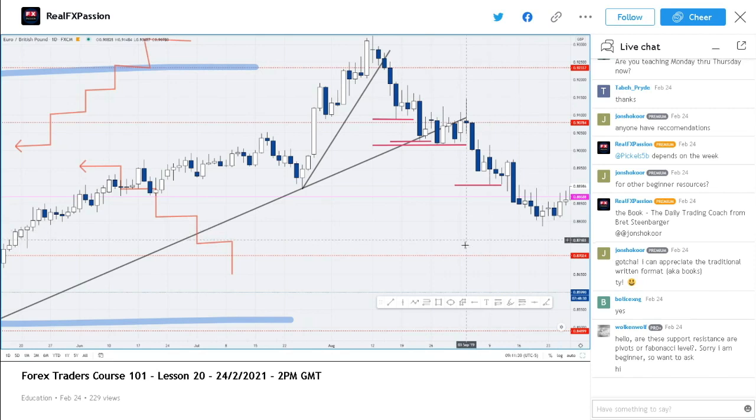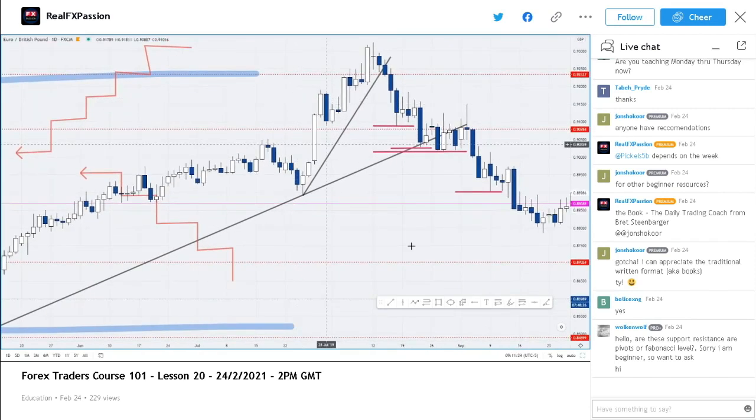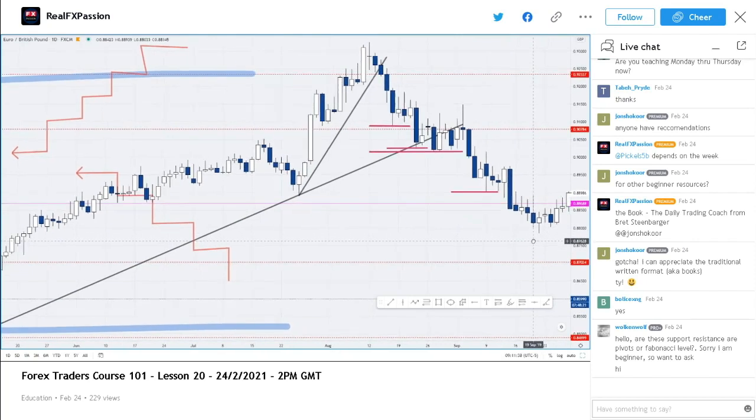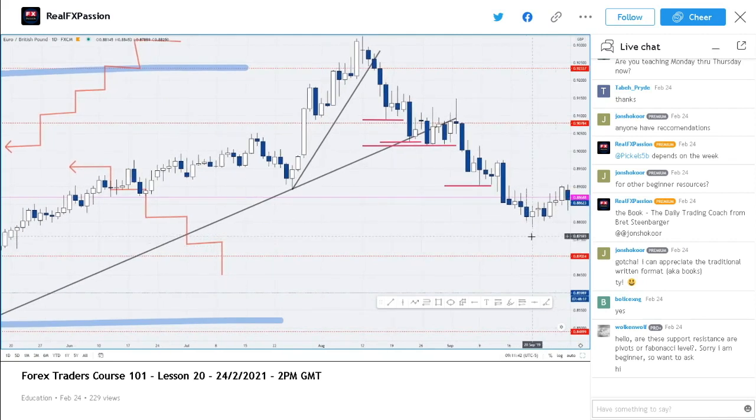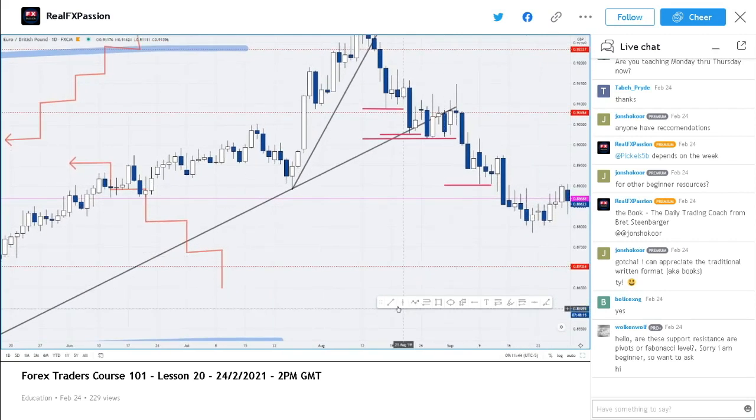Now, remember everybody, what we're trying to see is a high that is going to connect to a low. So the market is retracing, and we have the first bearish candle. We're going to learn about candlestick formation too.